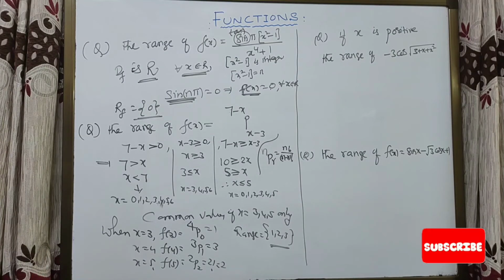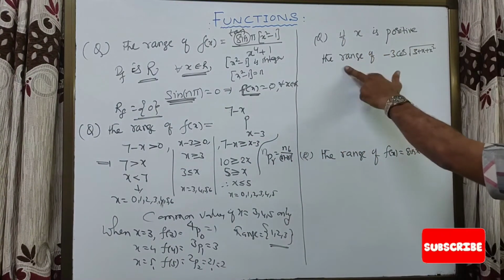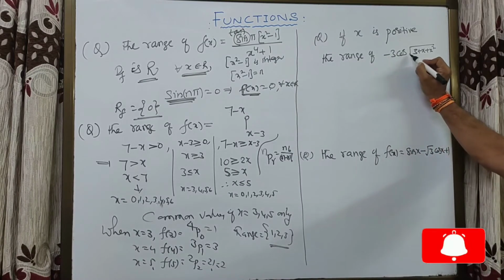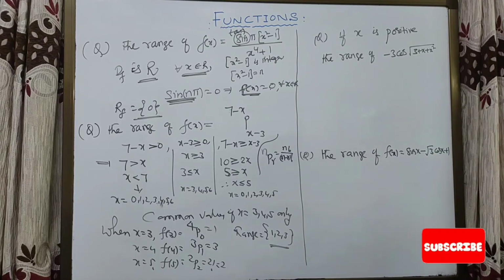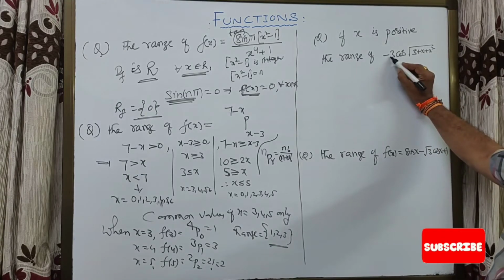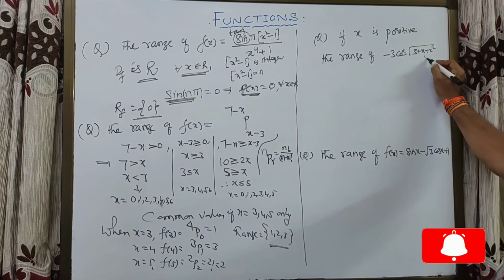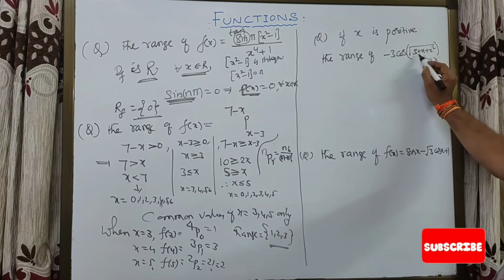Okay, now see this example. If x is positive, find the range of minus 3 cos of root of 3 plus x square. Whatever the x value, it is always defined.